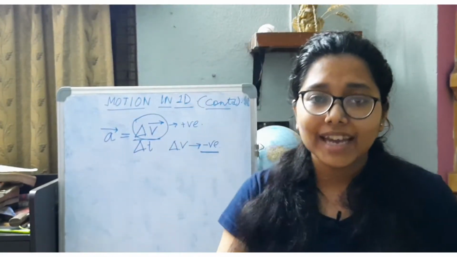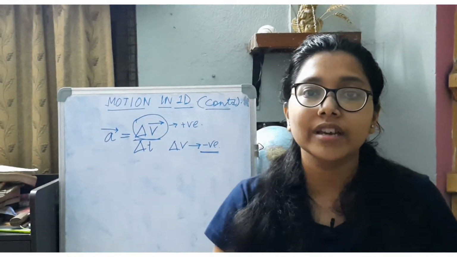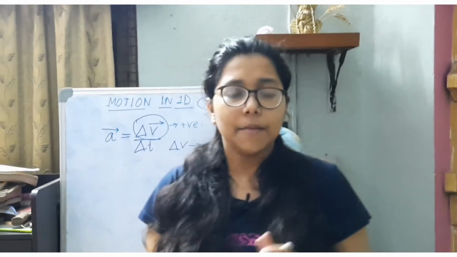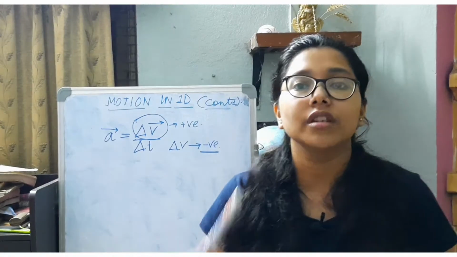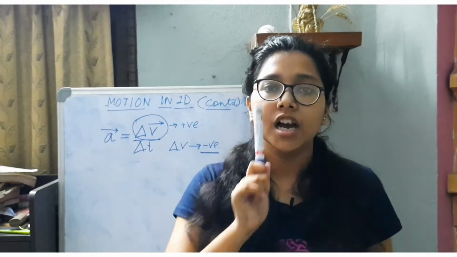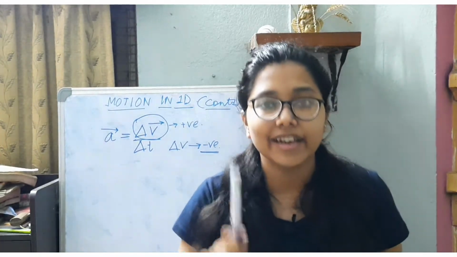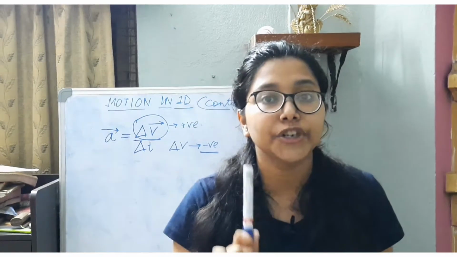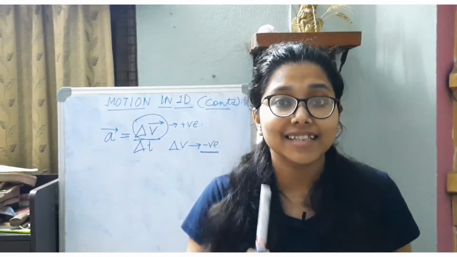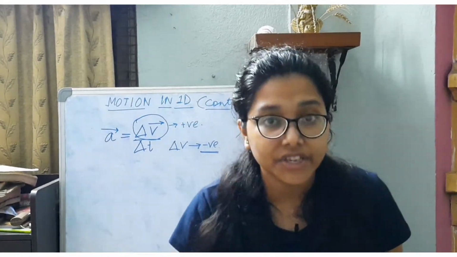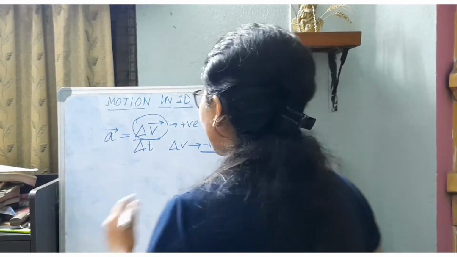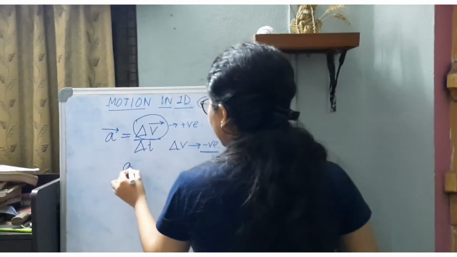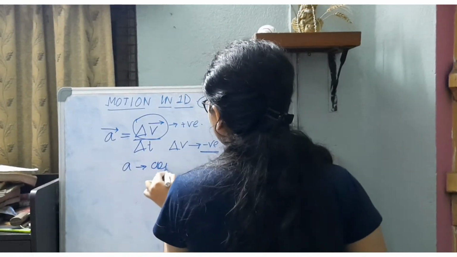Now first of all, let us discuss what are the main equations of uniformly accelerated motion. But what do I mean when I say uniformly accelerated? Stressing on this particular term, uniformly accelerated motion is the kind of motion where the acceleration is uniform, the acceleration is constant. That means a is constant.